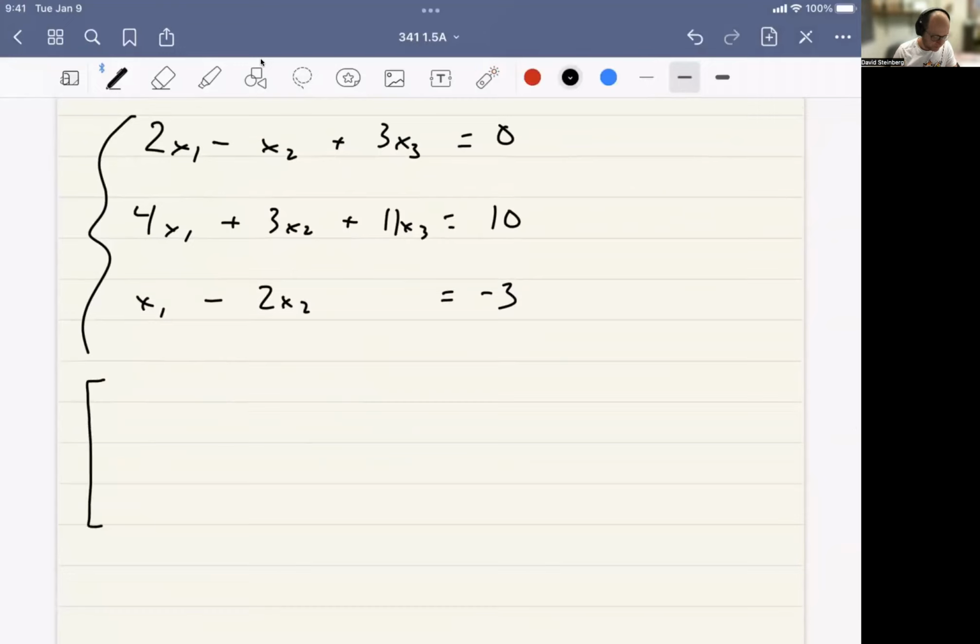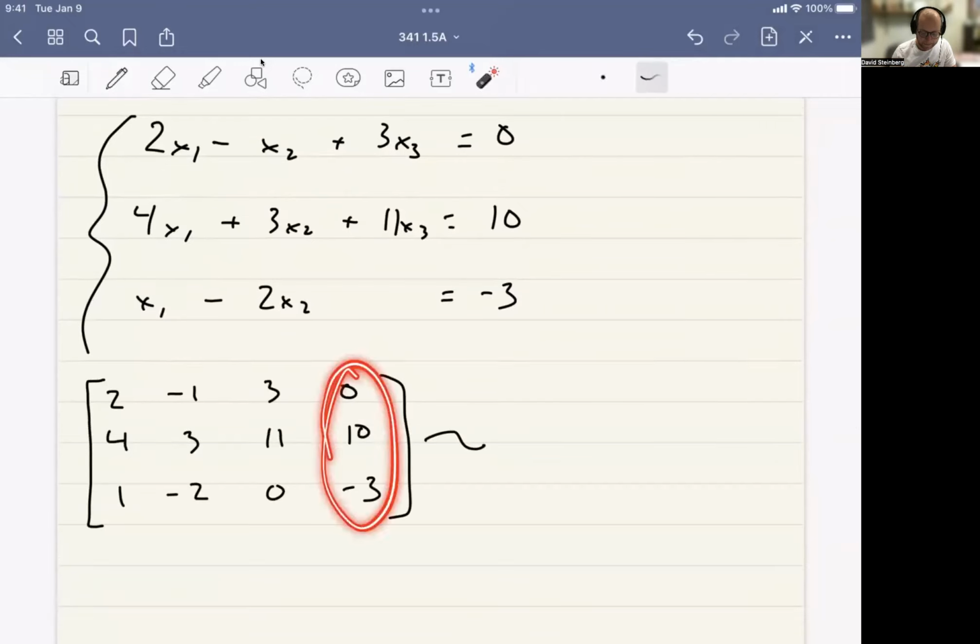So our matrix that we're interested in is now 2, -1, 3, 0. Even that row is the same. 3, 4, 11, 10, 1, -2, 0, -3. So we're going to repeat the exact same operations, just keeping track of what happens to this rightmost column. Let's swap row 1, 3 again.